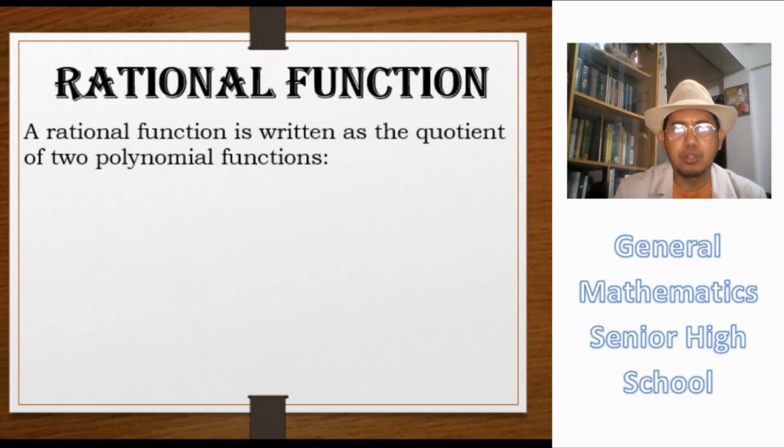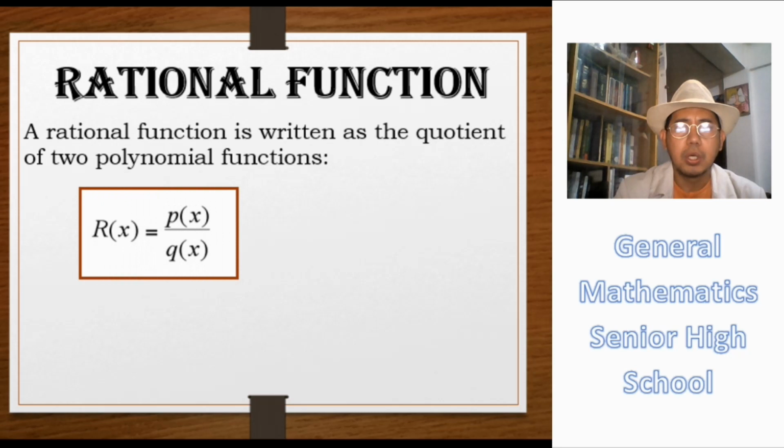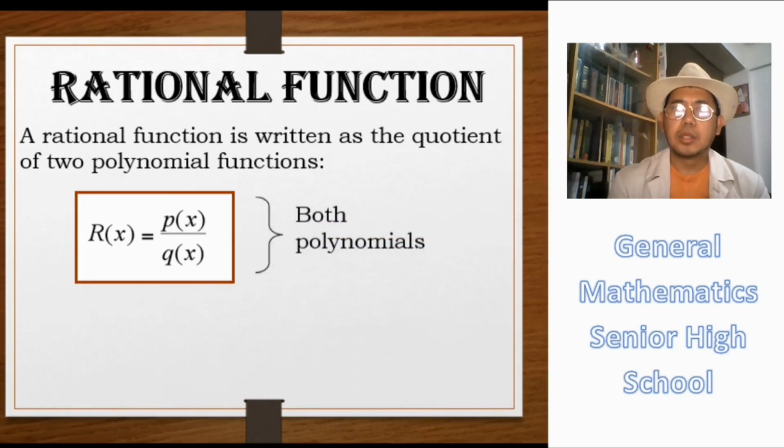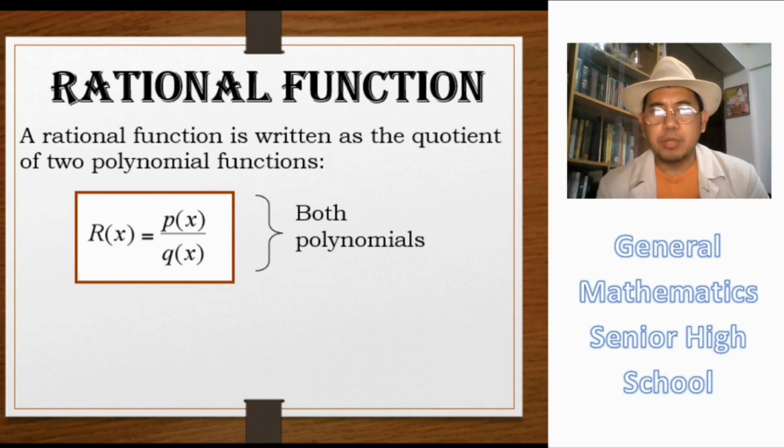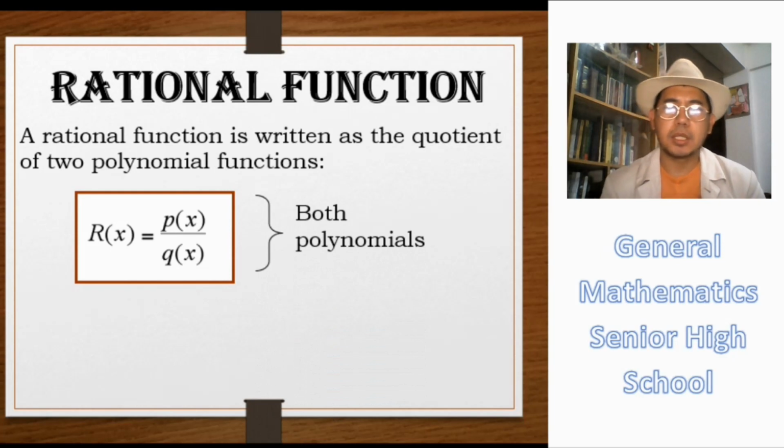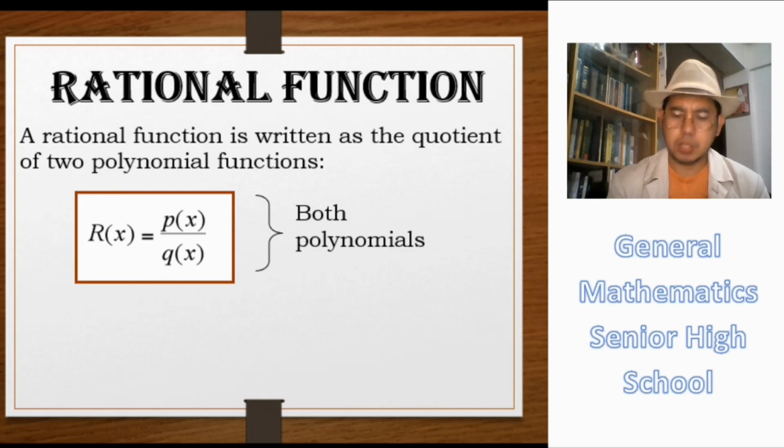The rational function is written as the quotient of two polynomial functions. So here is the form. R of x is equal to p of x over q of x, where p of x and q of x are both polynomials.